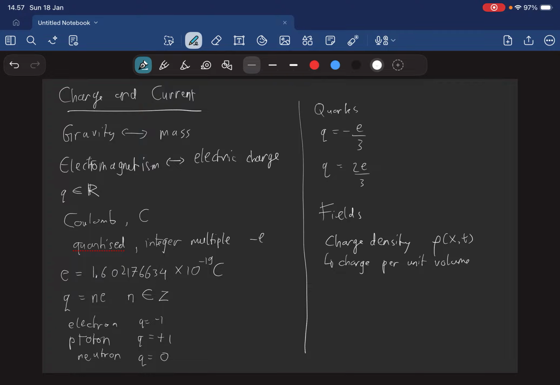The total charge Q in a given region V is simply Q equals the integral over V.